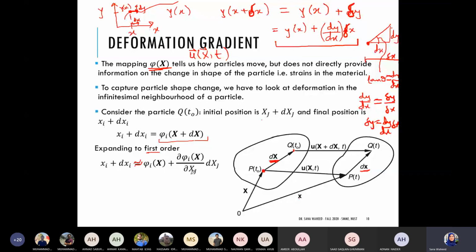Now let's move a little further, which is to notice that if I just have the mapping at X, meaning I'm going from this and then applying the mapping to it, then I just end up at xi. So the mapping applied at this reference position just gives me the point x.